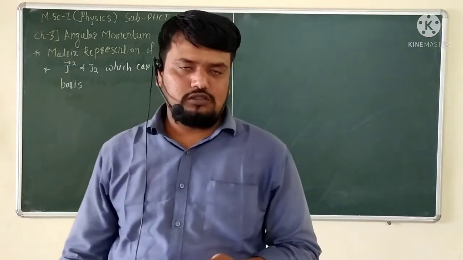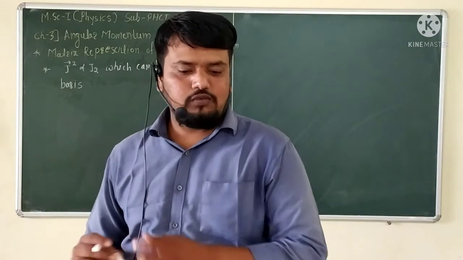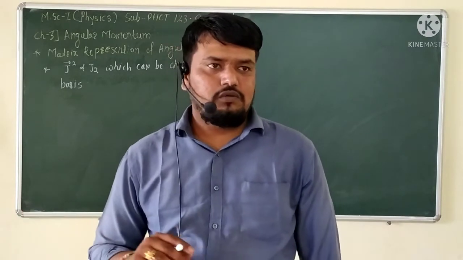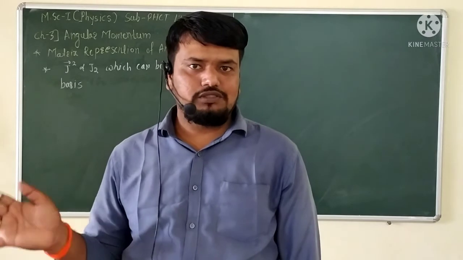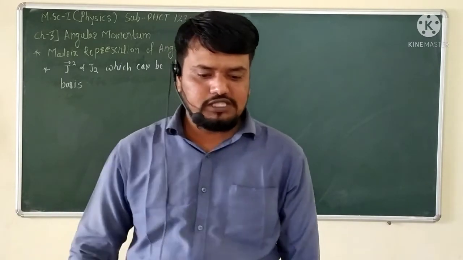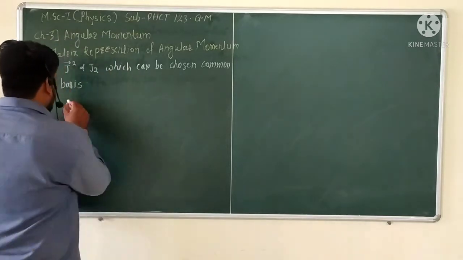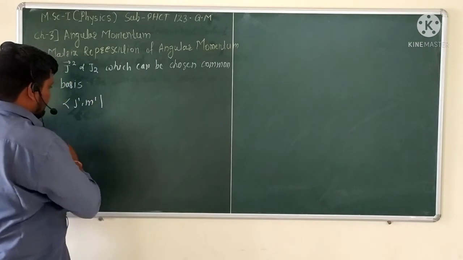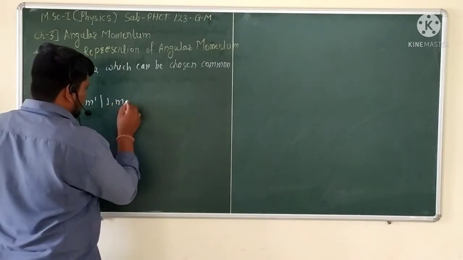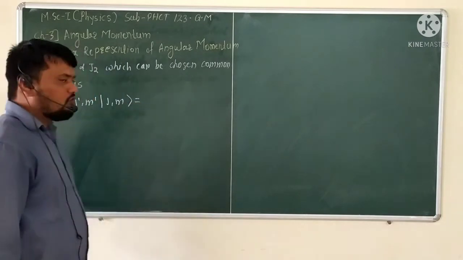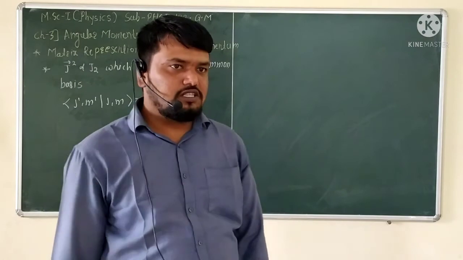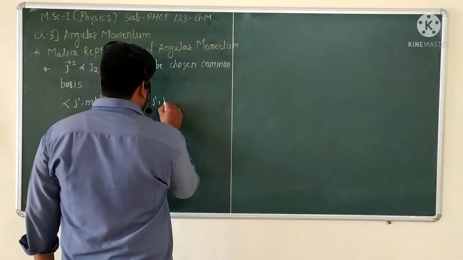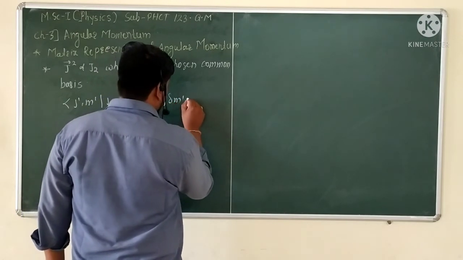So what is the relation of this common basis? It is given by the orthonormalization condition, which is the bra-ket relation: bra of j prime m prime, ket of j m, and the resultant of this by the orthonormalization condition is delta of j prime j and delta of m prime m.